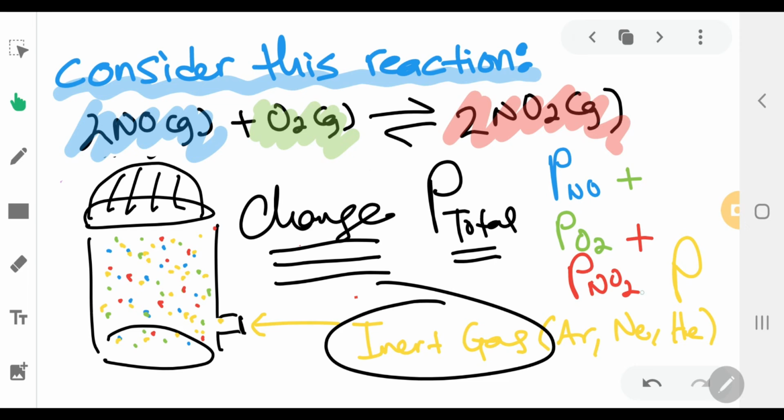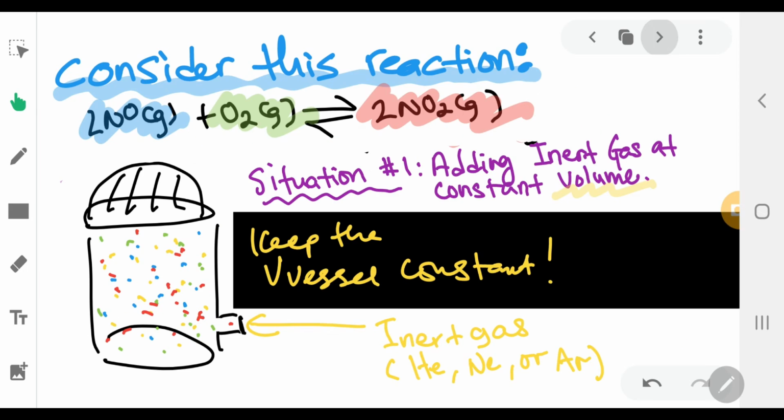So for sure, because you keep the volume of the vessel constant, the P total will increase. Okay? But what happens to the equilibrium then?